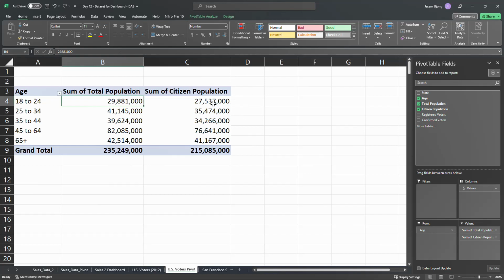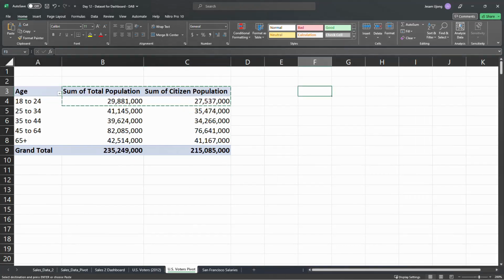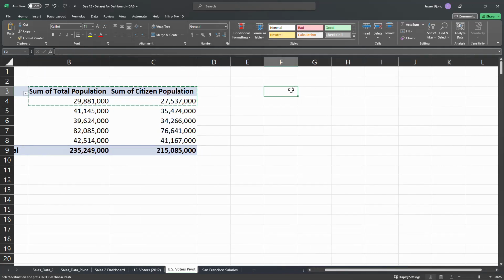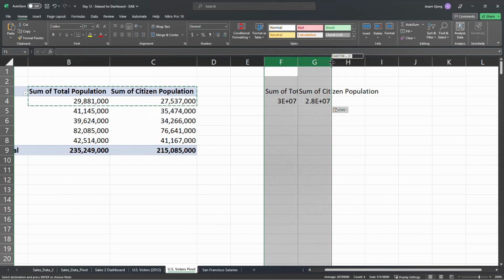Now, what if we want to know what percentage of the total population are citizens? Of course, let me paste this somewhere here, paste as values.